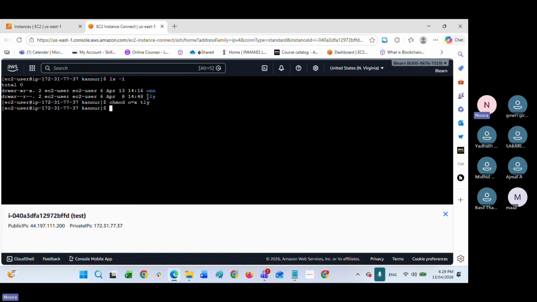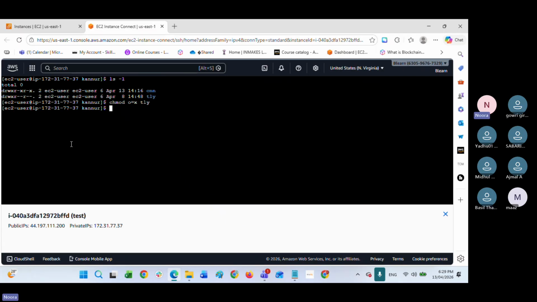Can anybody look at it and tell me? Look at the permission of TLY for others. What is it? Hyphen, read, hyphen, correct? Read permission for others.